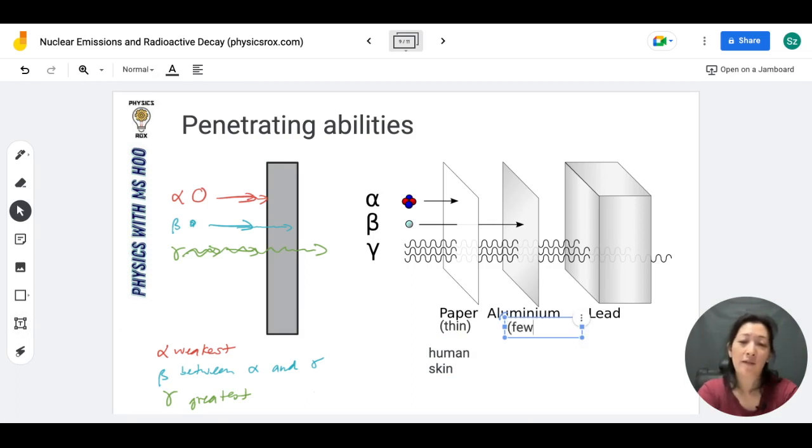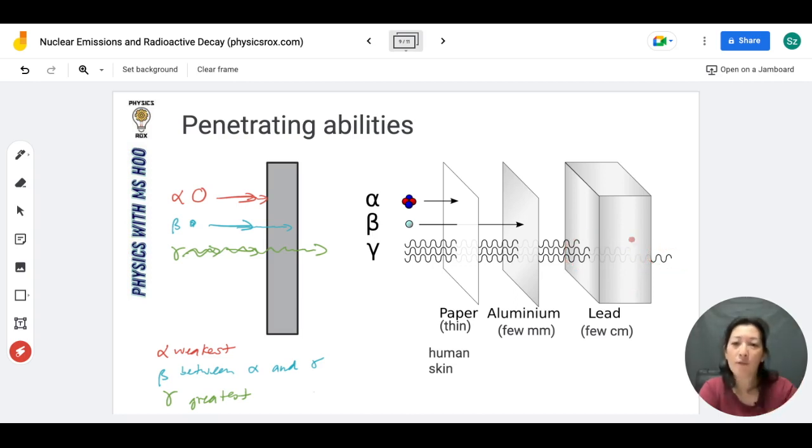Beta can be stopped by a few millimeters thickness of aluminium. Gamma needs a few centimeters of lead. Actually, even saying stopped is not correct. Gamma can be reduced with a few centimeters thick of lead. It's still able to penetrate a little bit, but most of it will be stopped by lead.